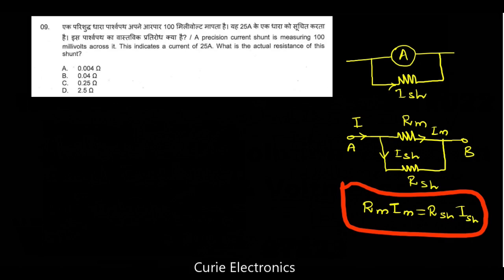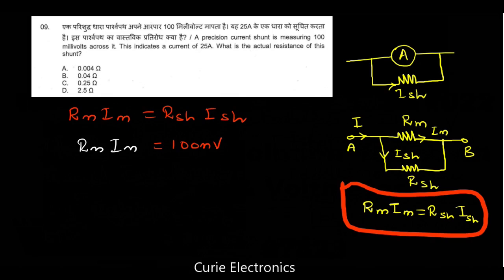Now let's go to the question. A precision current shunt is measuring 100 millivolt across it, and this indicates a current of 25 amps.